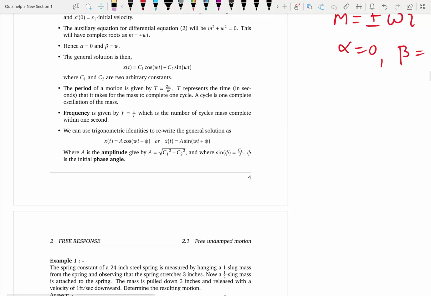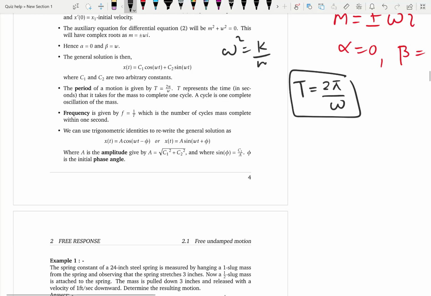This we call a cycle. The time that it takes to complete one cycle of motion is called the period, given by 2 pi over w. W, you know, w squared is k over m. So you have to remember that, okay?